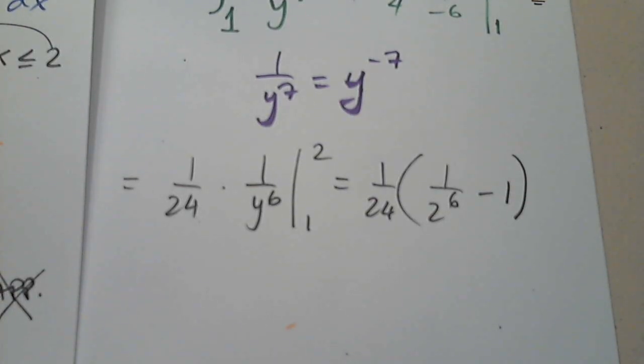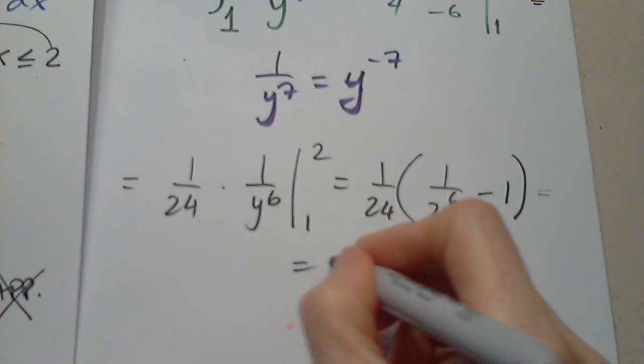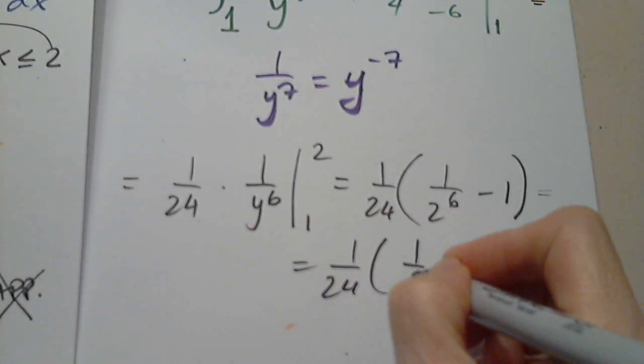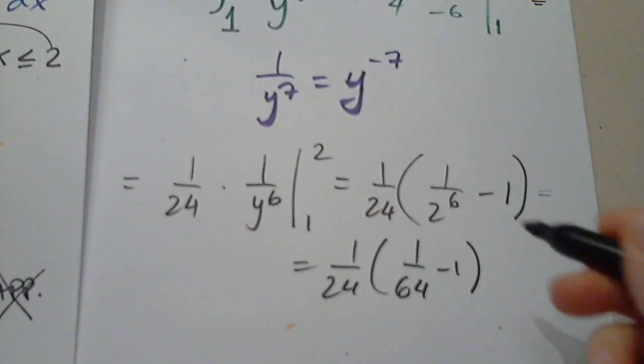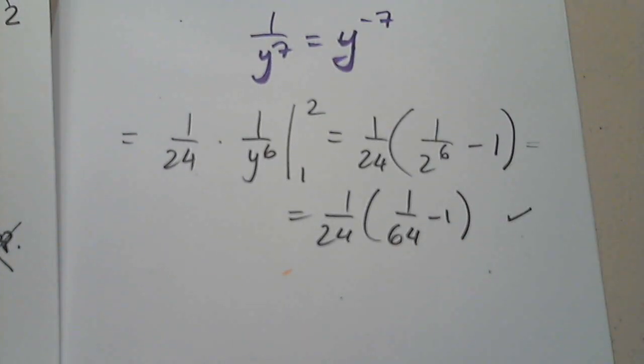You can leave it as is if you want. 1 over 2 to the 6th is 1 over 64 minus 1. You can perform some operations if you want, or just leave it alone. Any questions?